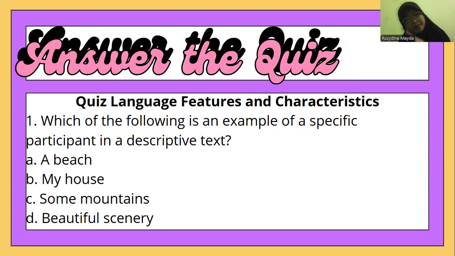C. Some mountains and D. Beautiful sky. I will give you 15 seconds to think about it and write the answer in your book. Time is done. Okay, time is up. Now let's continue to the next question.